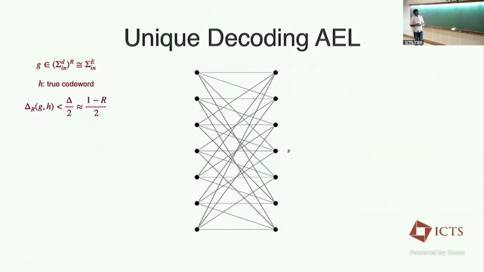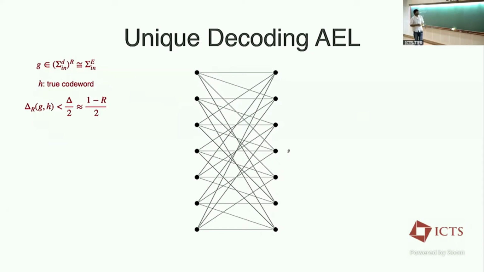G is going to be actually R symbols, where R is the set of right vertices. G is going to be sigma in to the D symbols. Sigma in is the alphabet of the inner code here. So it's going to be D symbols, one for each vertex. You can always unfold it and talk about sigma in symbols on all the edges. That's just a way of packaging.